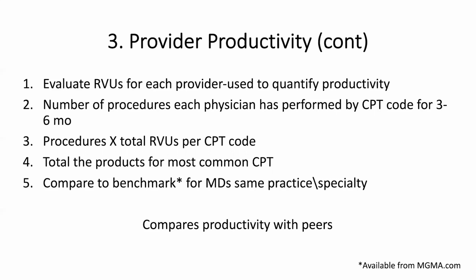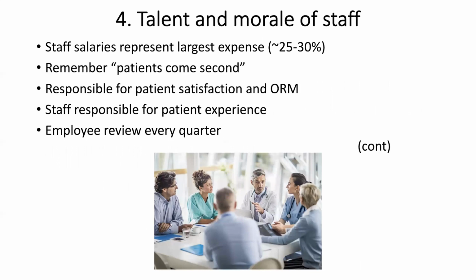It'll give you the product, or the income or the productivity, of the most common CPT codes. And this can be used as a benchmark, or to compare the practice to a benchmark for practices that are similar within the region, area, or within the country. And this benchmark is available from the Medical Group Management Association.